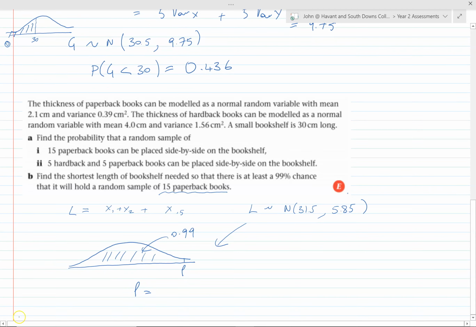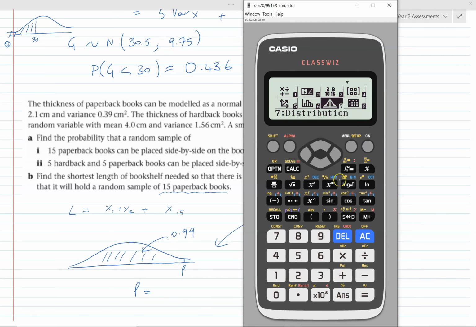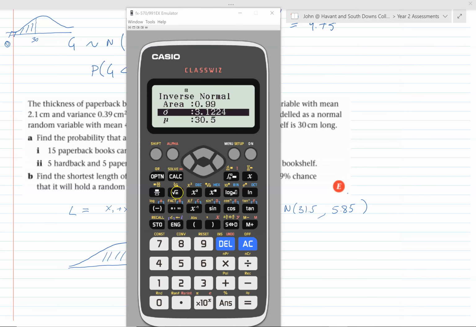So we can just say, and I think the diagram says it all really, don't have to write anything fancy. So l equals, the calculator up again, menu 7. Now we want inverse normal, so that's 3. We want an area of 0.99. We want a standard deviation of the square root of 5.85. And we want the mean of 31.5.